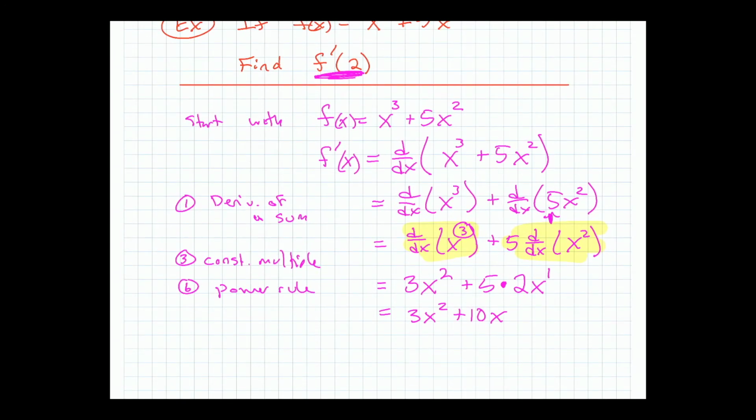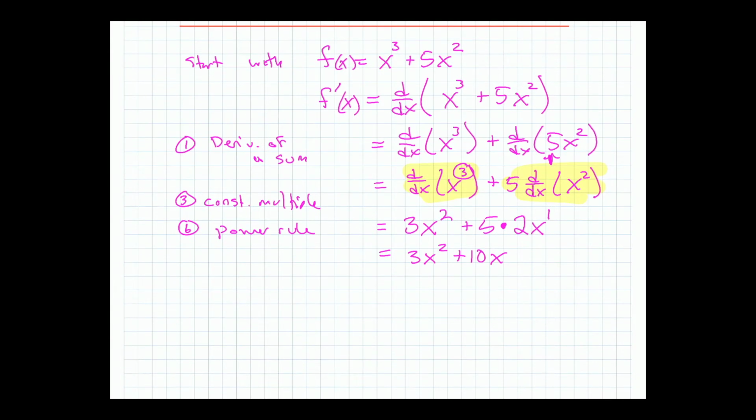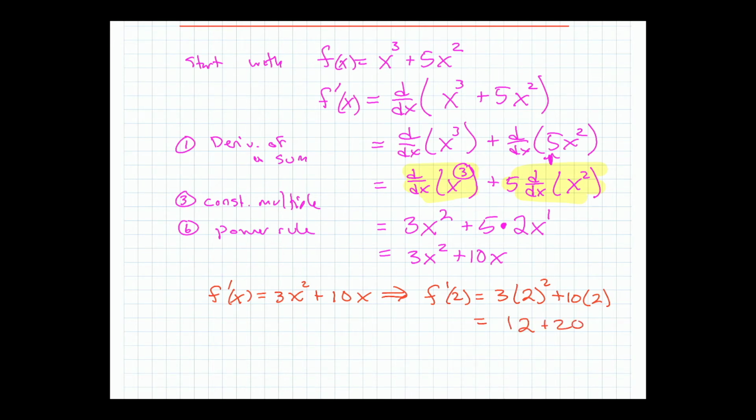If f prime of x is 3x squared plus 10x, then what is f prime of 2? That's just plugging in a 2. So you just go 3 times 2 squared plus 10 times 2. So 3 times 4, which is 12, plus 10 times 2, which is 20. And so the answer is 32.